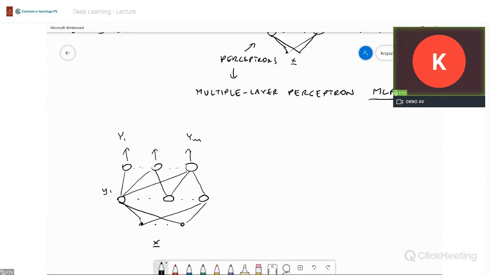Let's say I have a neuron K here, so this is neuron K, this is neuron 1, and this is neuron N. Similarly, here is neuron number 1, here is neuron number M, and here is some neuron J.